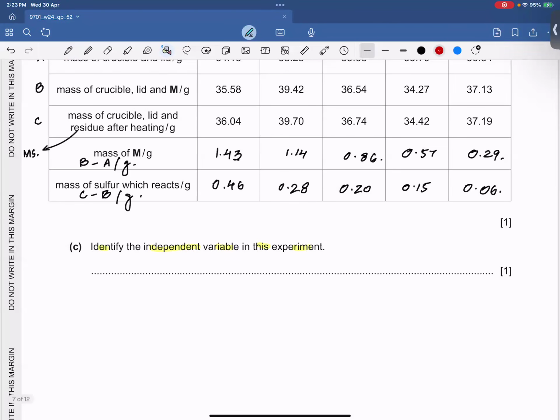Identify the independent variable in this experiment. Independent variable हम किसे कहते हैं? What we change.